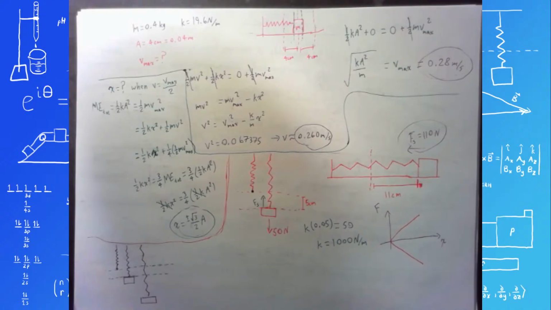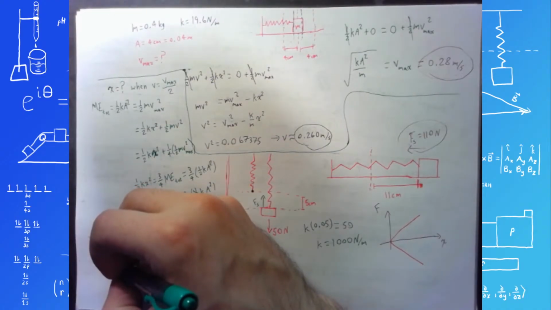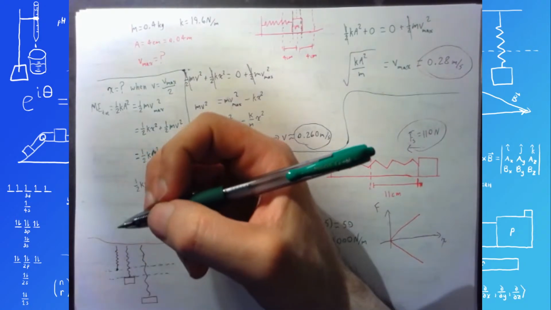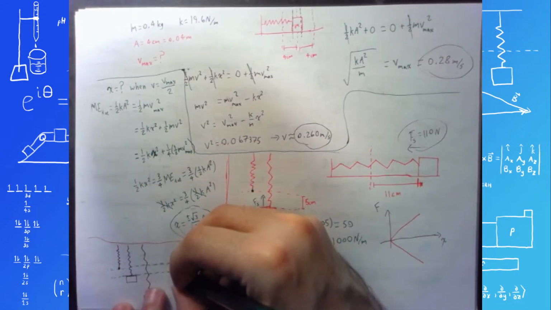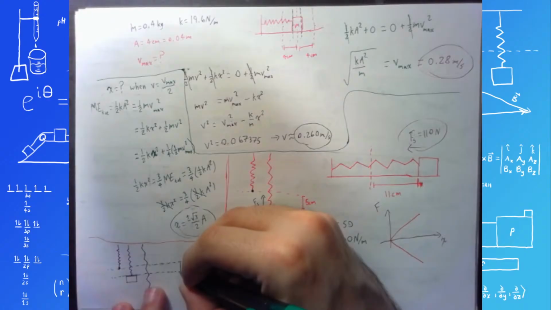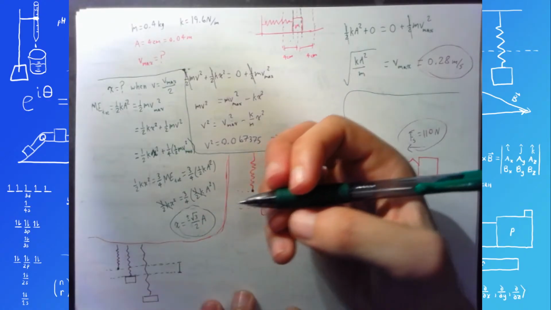So here's what I am going to do. This is the original equilibrium position over here at the top. And then from here to here is what?